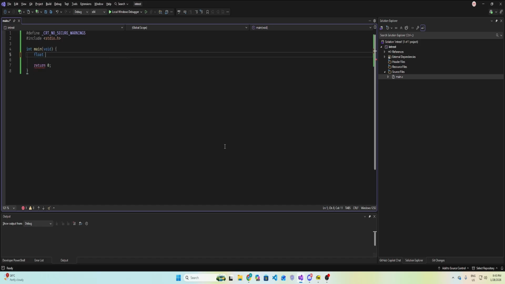So we're going to work with floats. We're going to have a loan amount, interest rate, and a monthly payment.